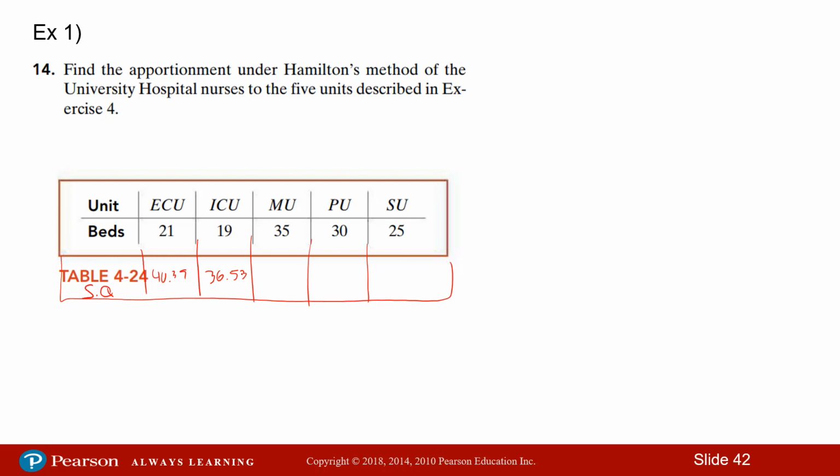It should not be in your notes; this is the new stuff that's usually not in your notes. 67.30. All right, pediatrics unit. 57.69. Okay, 25 divided by 0.52. I think we call it the surgery unit.